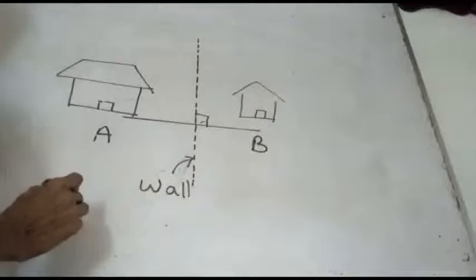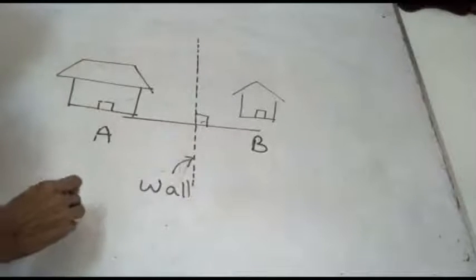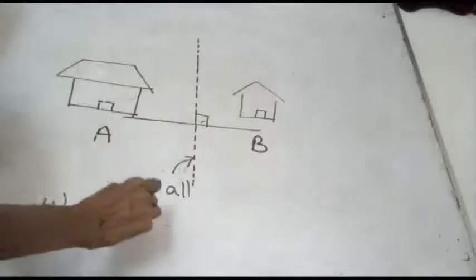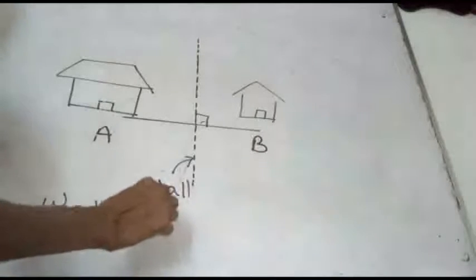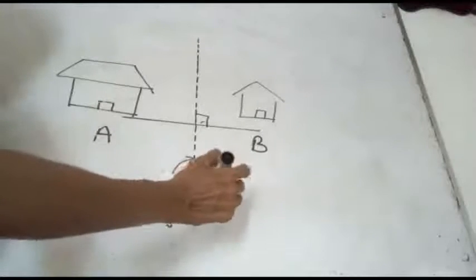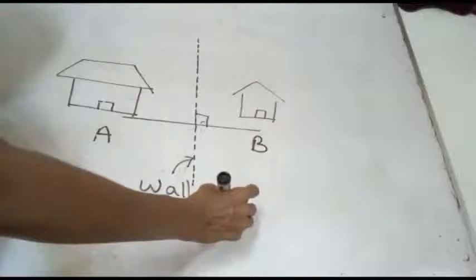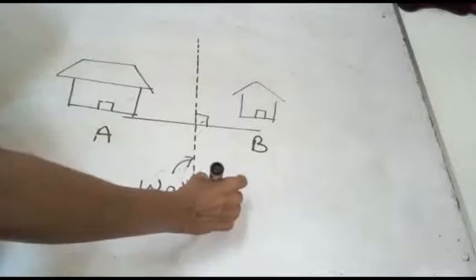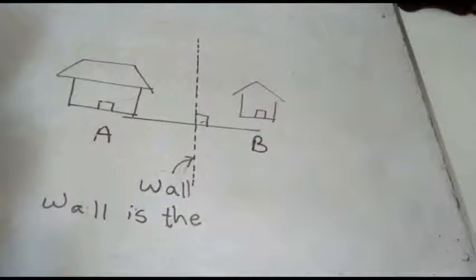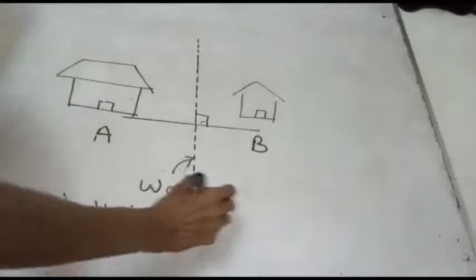The wall is the perpendicular bisector of the straight line segment AB.